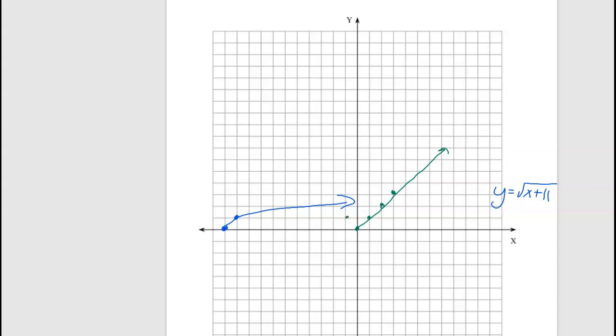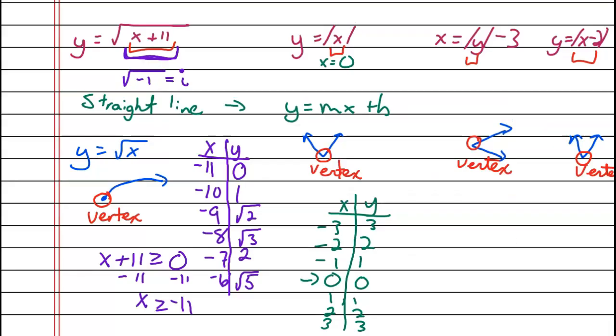Whereas, technically, I should also be getting this part. So I should be getting this V. This is that y is equal to the absolute value of x. So we need to be able to recognize a little bit the shapes.